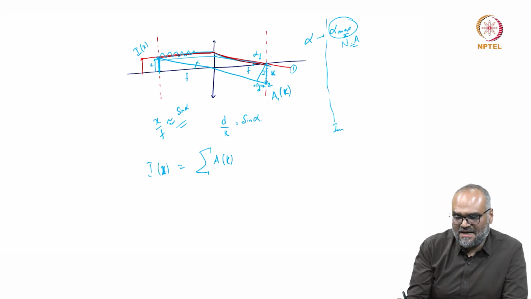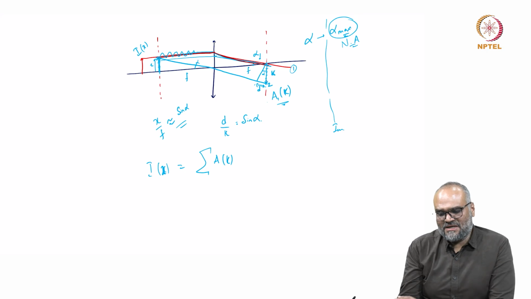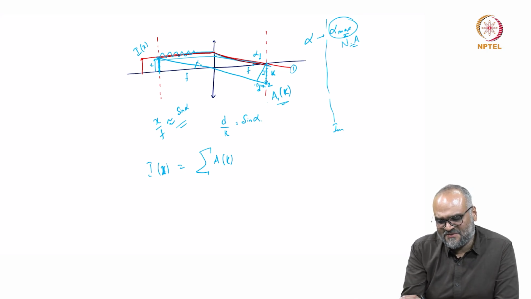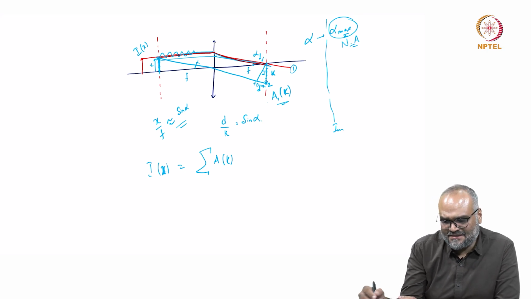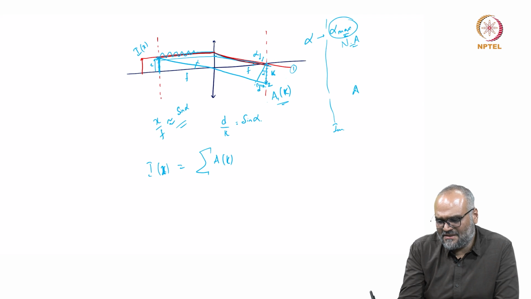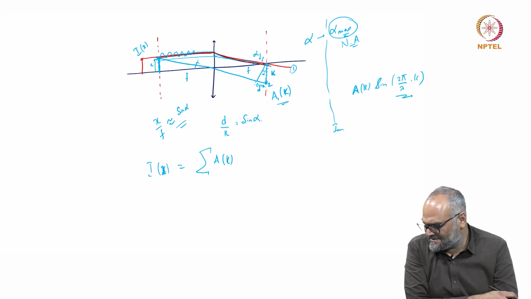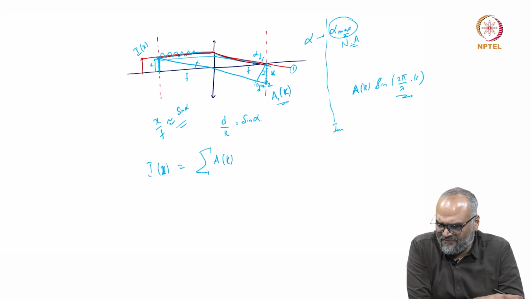So if I want to write the wave equation for a sinusoidal wave which is propagating here and here, it has a form A of k sine of 2 pi by lambda, where lambda is the wavelength.